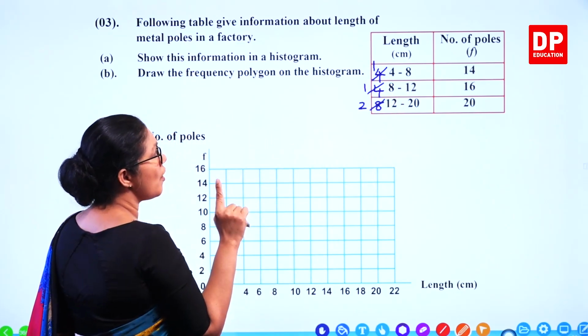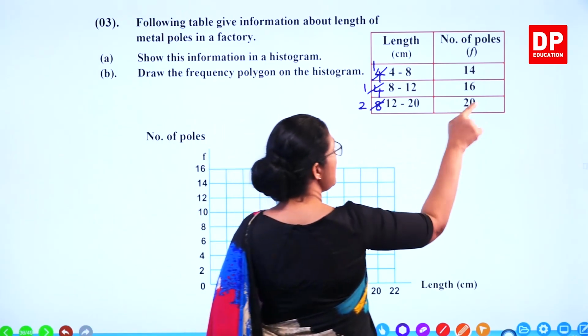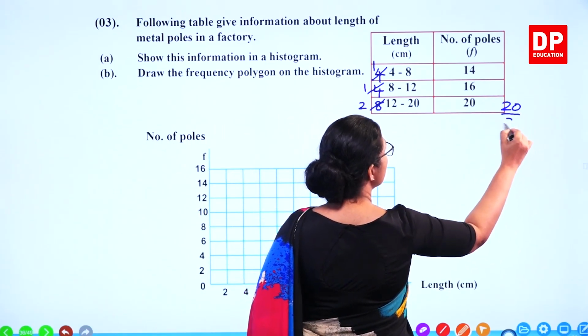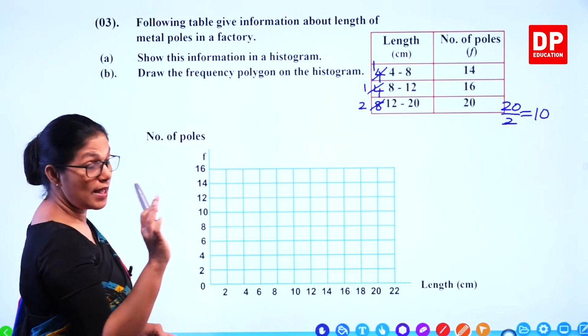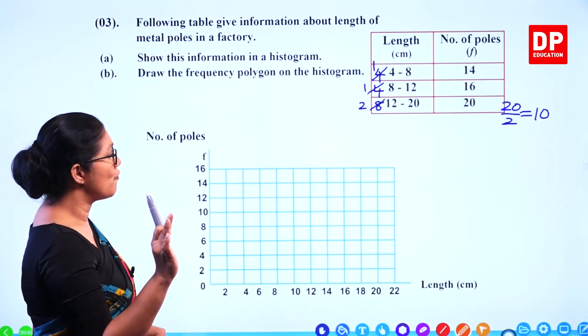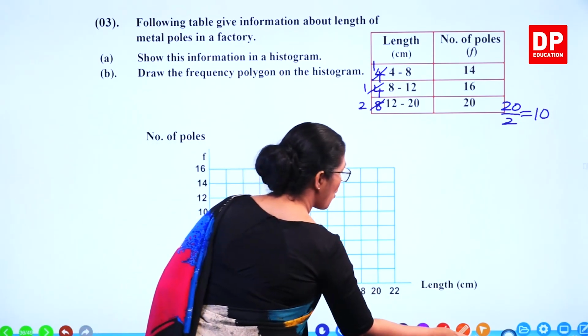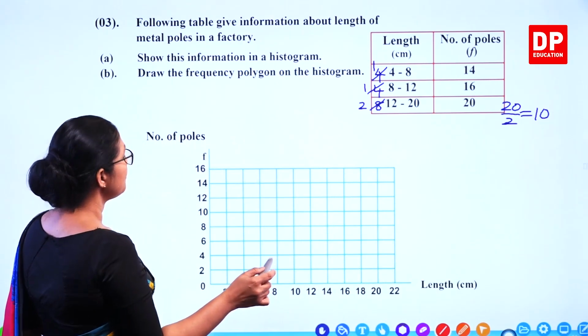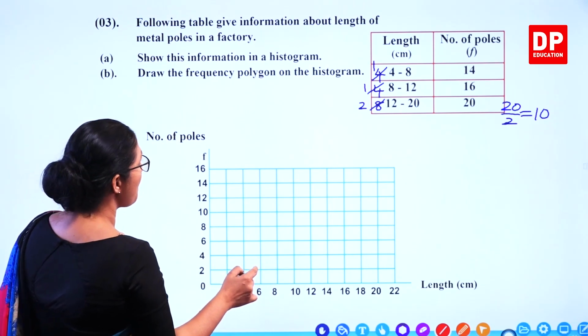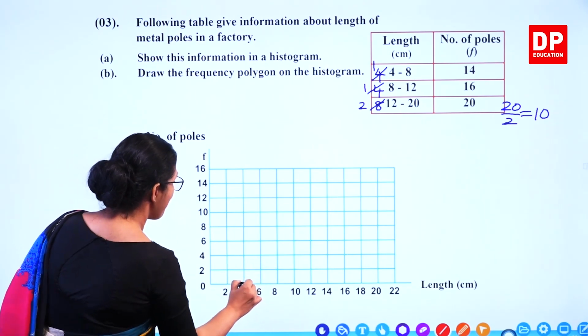So you have to divide this 20 by 2 then. So that means each bar, equal bars, you get 10. That's what you have to do first before starting to draw. Now you can draw the bars. 4 to 8, 14.